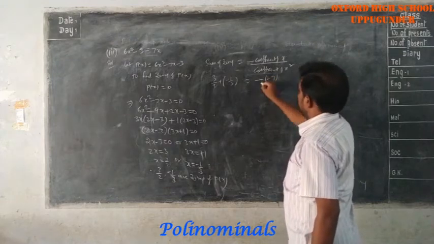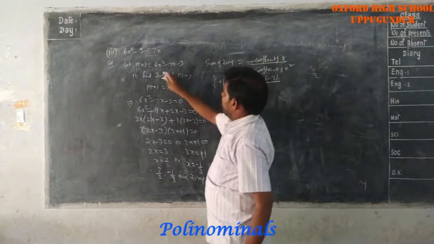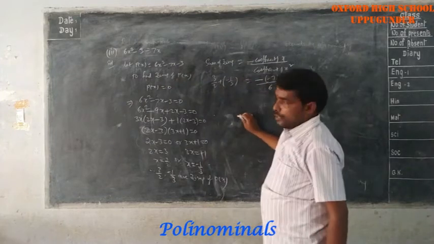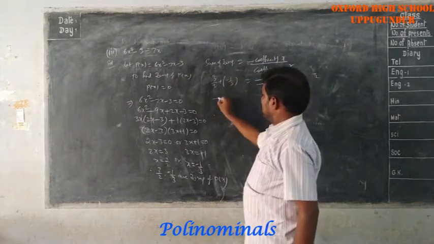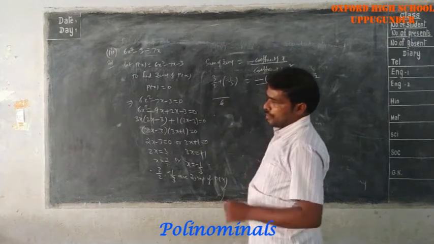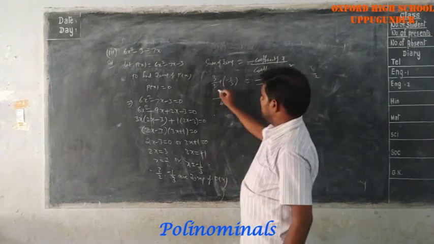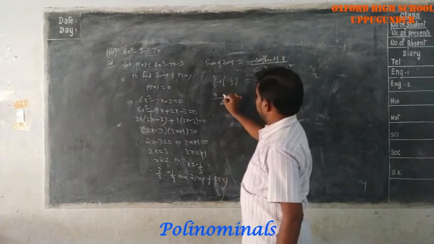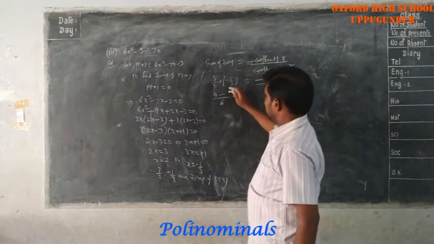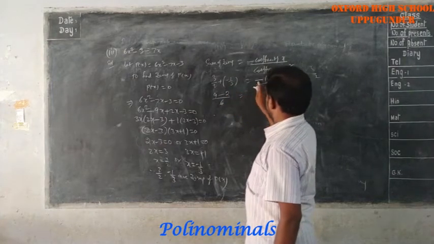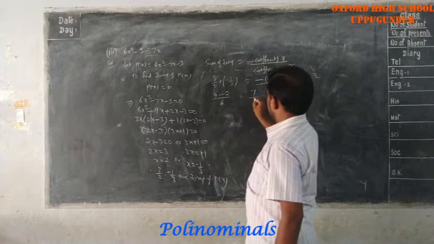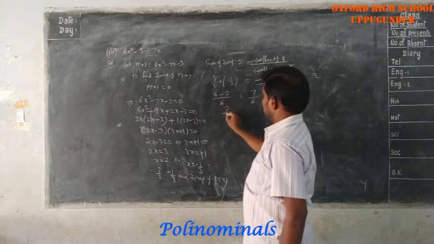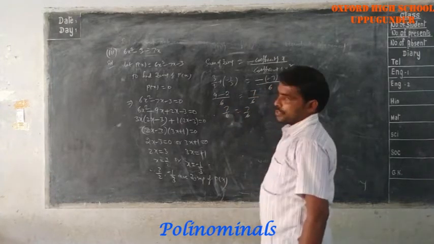Minus 7 by x square coefficient 6. Here LCM for these two: 2 3s are 6, 3 3s are 9, plus into minus, minus 3 2s are 6. So minus of minus 7 by 6. 9 minus 2, 7 by 6, equal to 7 by 6.